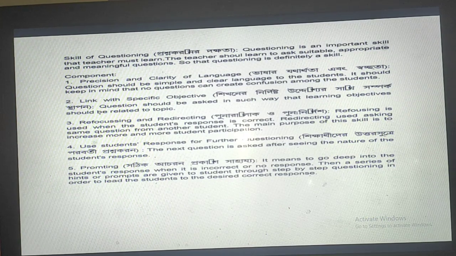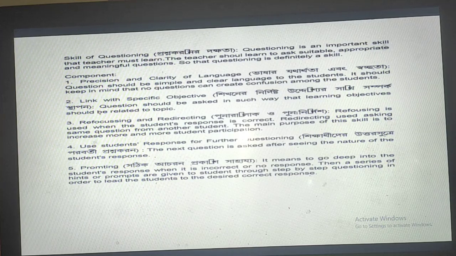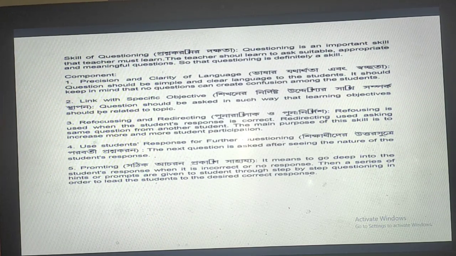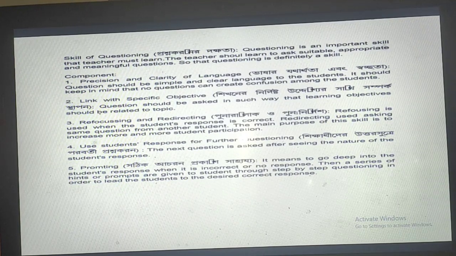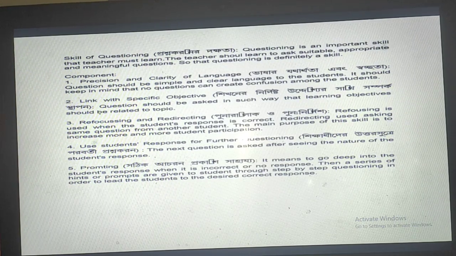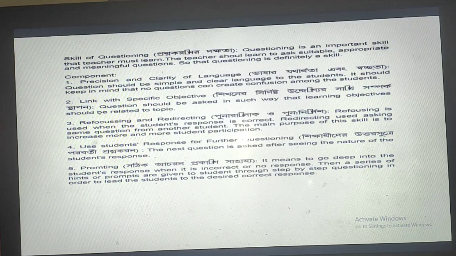The language of the questions should be clear and precise. What is the precision? Through the question, the teacher can identify what he wants to get and how much he gets. That's why questions should have precision and clarity.